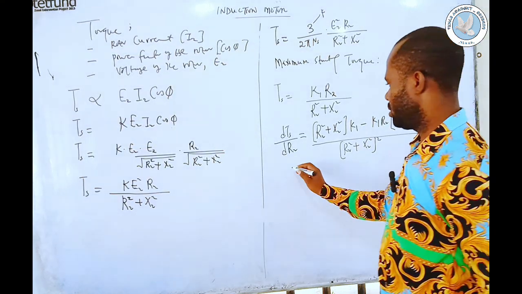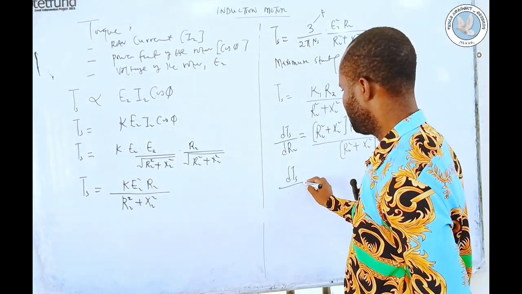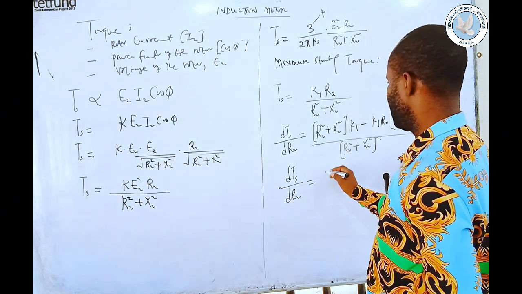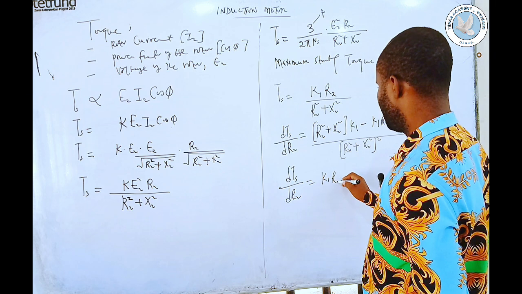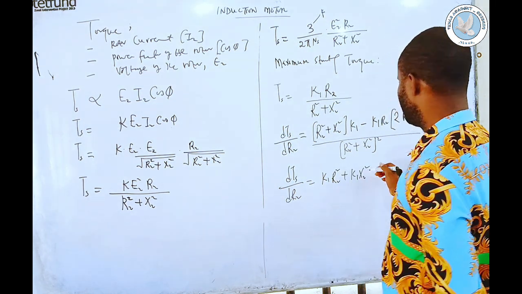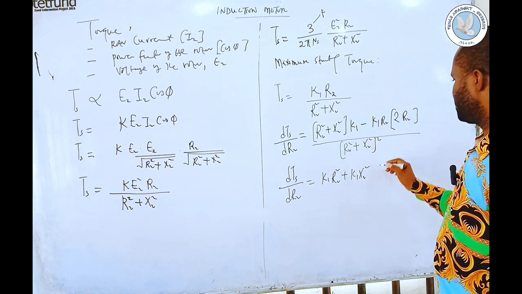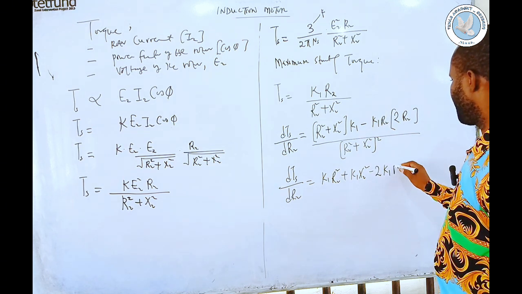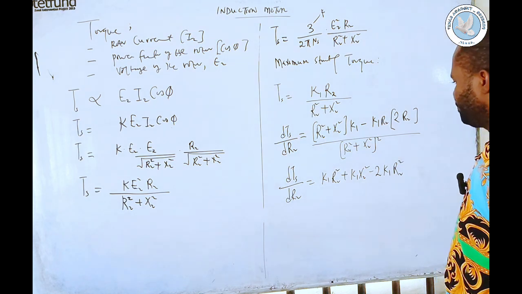So when we try to simplify this expression, we are having K1 R this plus K1 this times this giving us minus 2 K1 R this and this.